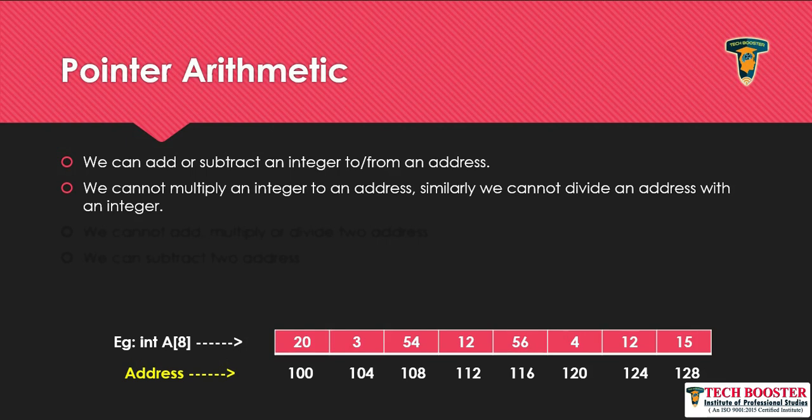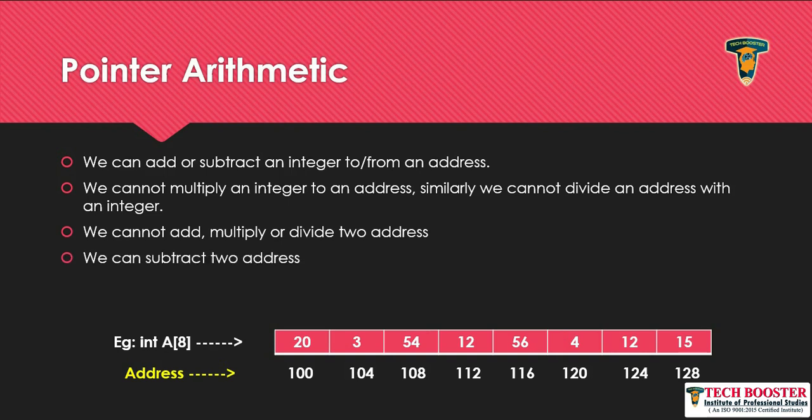Similarly, you cannot add, multiply or divide two addresses. If you consider two addresses, you can subtract them, but you cannot add, multiply or divide.